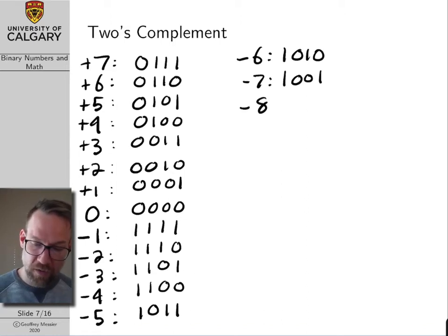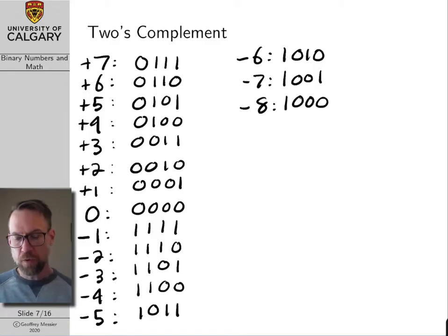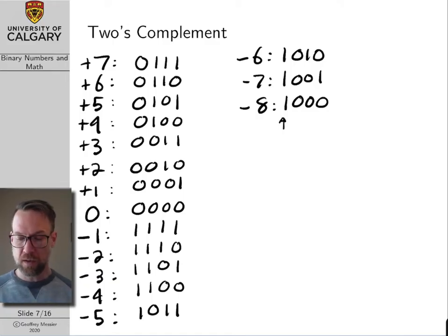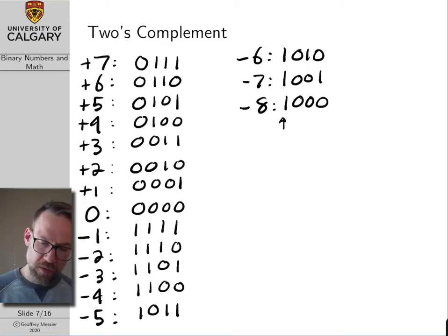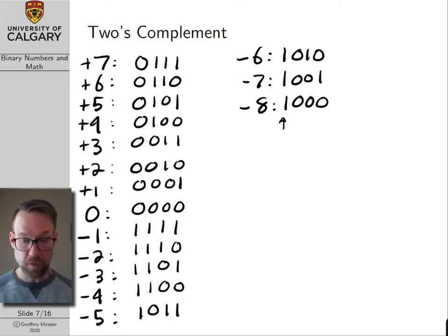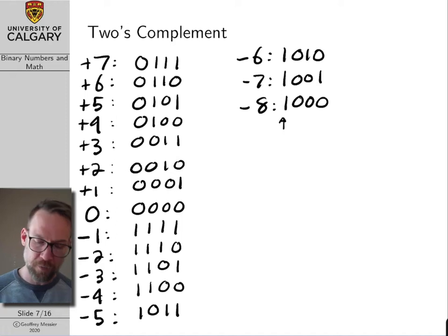And -8 is 1, 0, 0, 0. So first of all, the leftmost bit is still the sign bit, and when we have a negative number, the sign bit is equal to 1. That's fine. But then we can look at the magnitudes and say, well, these magnitudes don't seem to make sense. They're certainly not like an unsigned binary number.